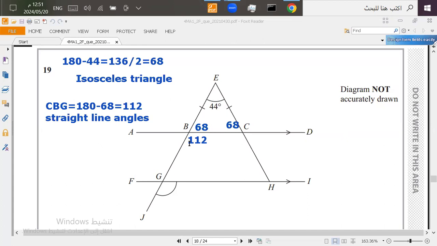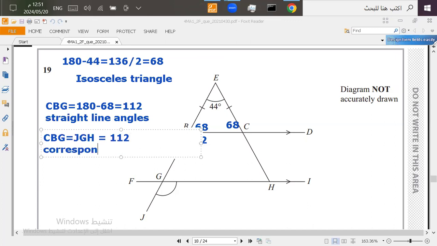Now, this angle, which is CBG, will equal to JGH. So we say CBG equals JGH equals 112. And what's the reason? Very good. Corresponding angles.